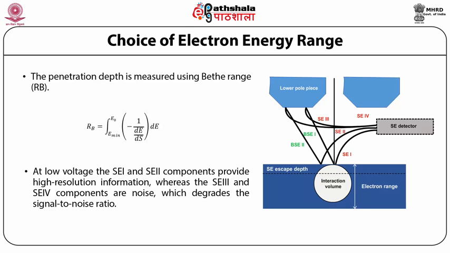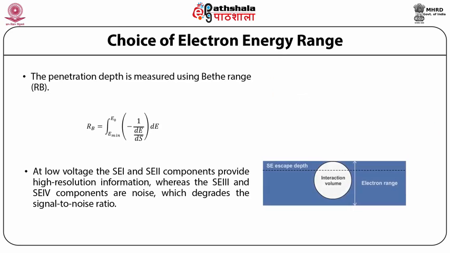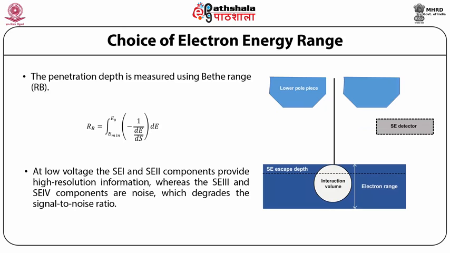However, the average backscattered electron emerges from a depth of about 0.2 Rb, which is approximately 0.25 micrometer or more. The backscattered electrons carry the bulk information and the secondary electrons carry the surface information of the material.